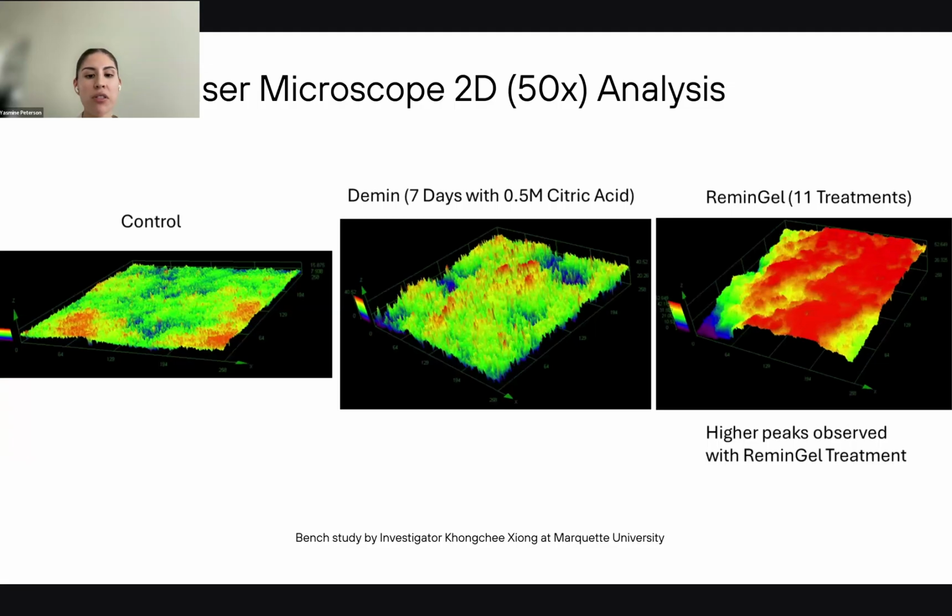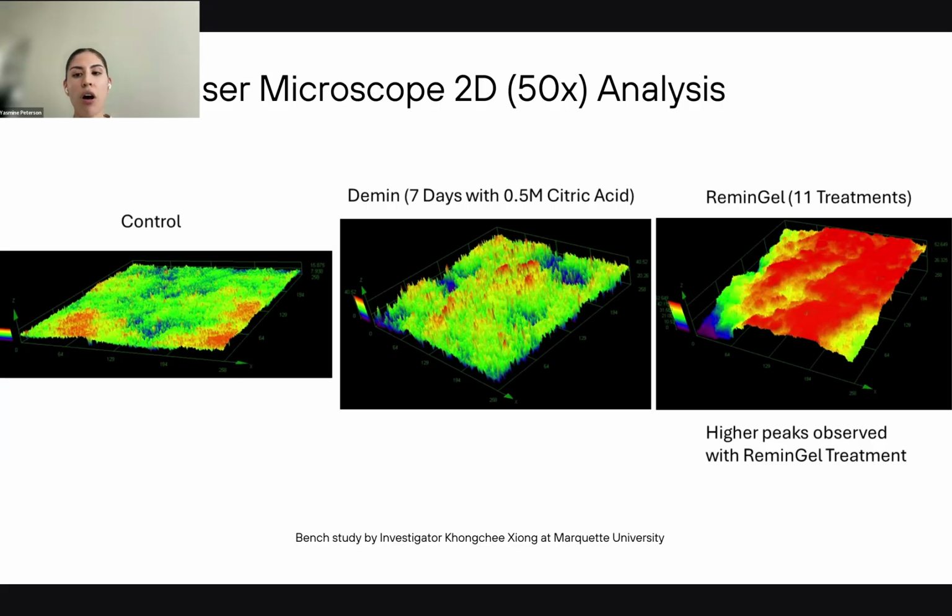Okay. And then going to this bench study done by Kongqi, who's the researcher at Vista Apex, we can see here that Remingel, there's the control on the left, and then a tooth was demineralized for 7 days. So out of these pictures, what we want to pay attention to is the colors. So the green is like that flat surface, the blue and the purple are the demineralized areas on the surface.